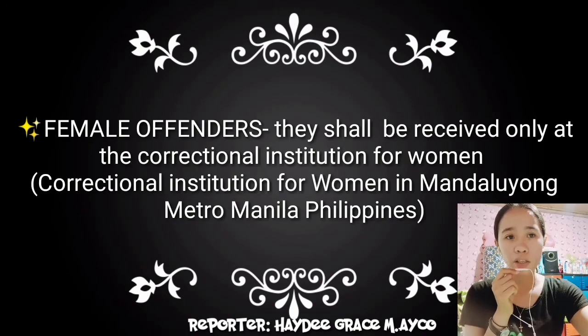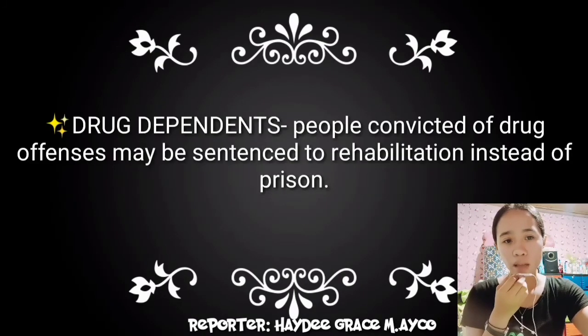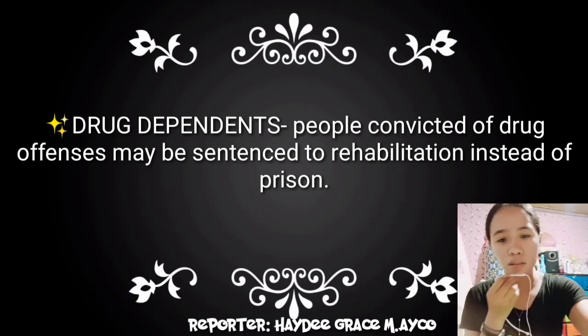Female offenders, they shall be received only at the correctional institution for women. Example of that is the Mandaluyong, Metro Manila. Drug dependent. People convicted of drug offenses may be sentenced to rehabilitation instead of prison.